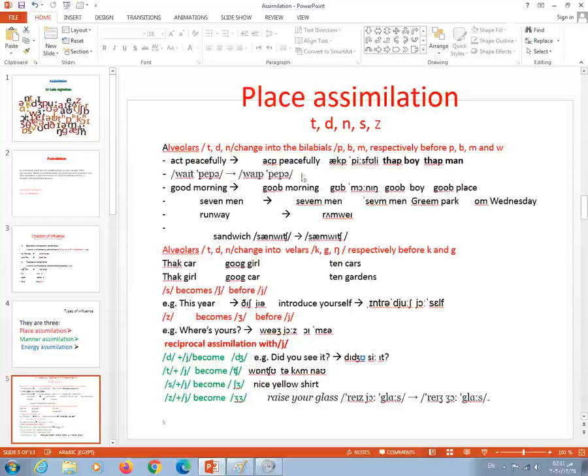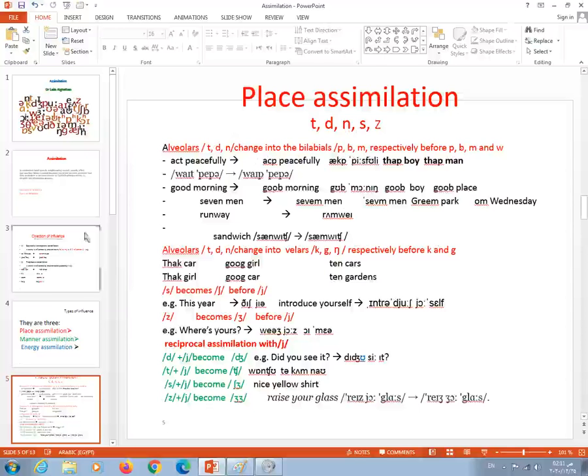Okay, تعال نشوف كده. The first one alveolar ت د ن. ناخدهم دول الأول ت د ن. Okay, they change into bilabials p b m respectively.